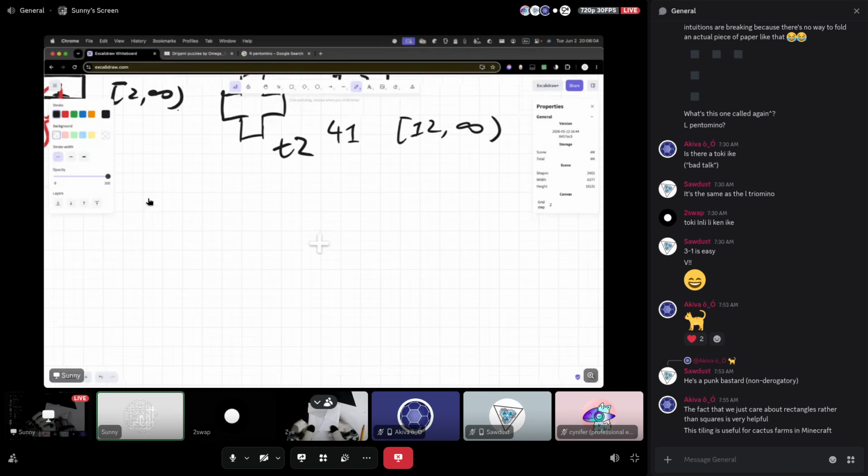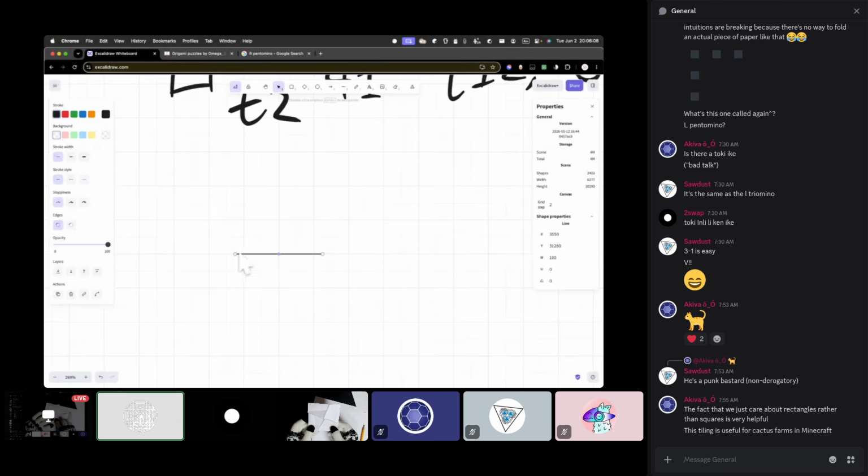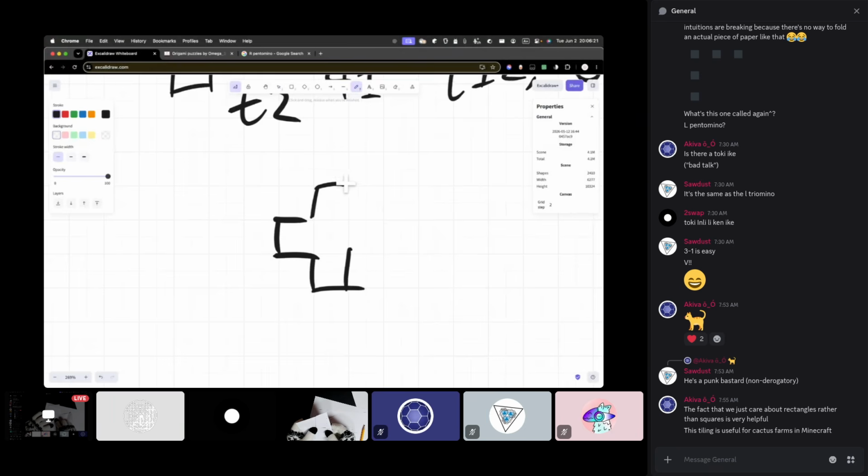Anyways, here's how the tessellation works. So I'm going to draw a T. Oh my god, this is refusing to cooperate. Okay, I'll do it the hard way. Here's what I have for a T. Here's what I have for an X pentomino, and here's the standard tessellation.